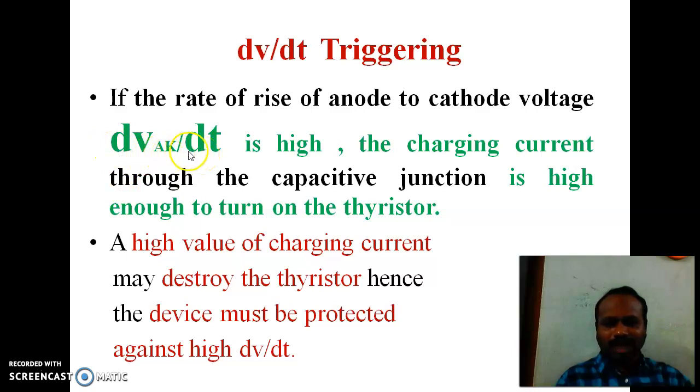If it is high, then the charging current is also high. This high value of charging current may destroy the thyristor. Hence, the device must be protected against dV by dt. This dV by dt protection for the thyristor is provided by snubber circuits.